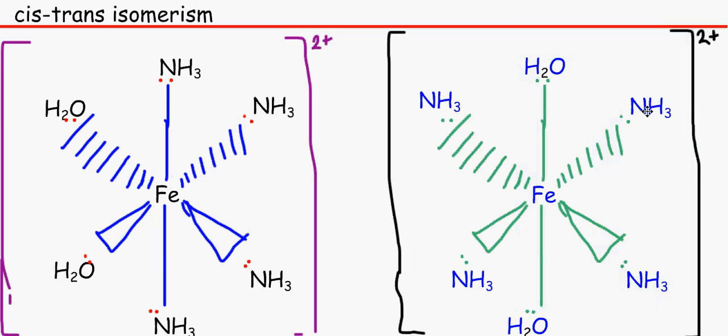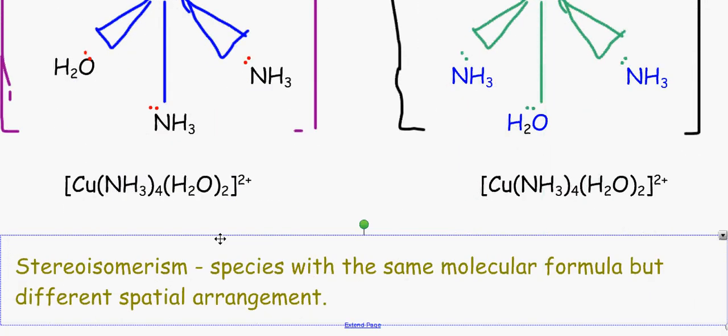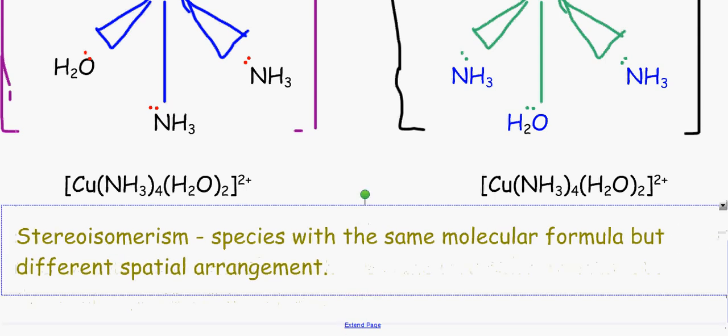But a good thing about it is that it can form different isomers of each other. So there are two types of stereoisomerism that you do need to learn: cis-trans isomerism and optical isomerism. The cis-trans you have met before in F322 chemistry. And as you know, stereoisomers are species with the same molecular formula but different arrangement in space.